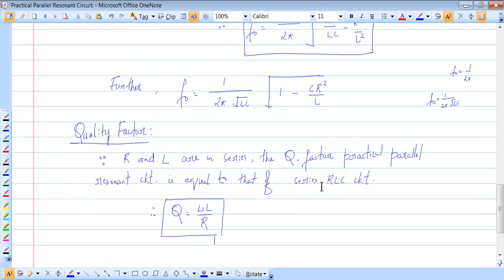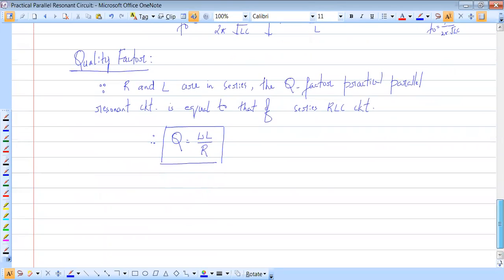Now at resonance, suppose we operate at resonance, this Q naught would be omega naught L by R. And since we are talking about resonance, this would also be equal to omega naught RC. You should understand this. Is everybody okay with this?